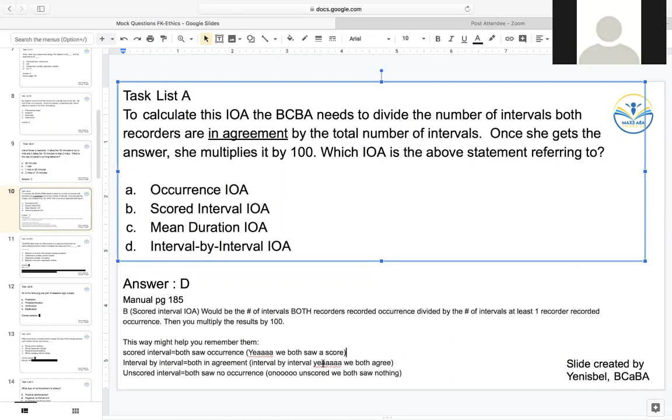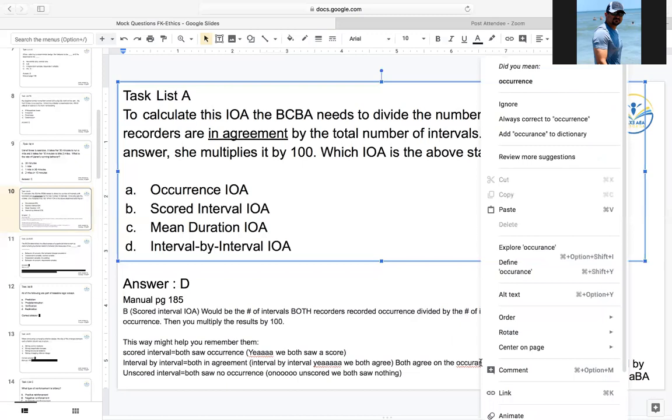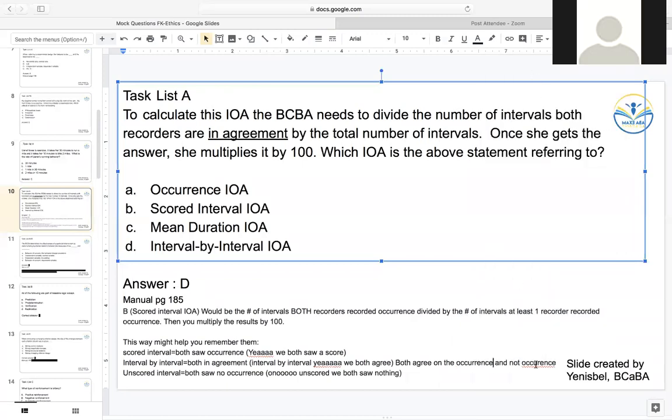For instance, in interval 1, both agreed that the behavior occurred, while in interval 4, both agreed that the behavior didn't occur. So this is the difference between the scored and unscored compared to interval by interval. Exactly. I like that explanation. Thank you, Martin. You're welcome.